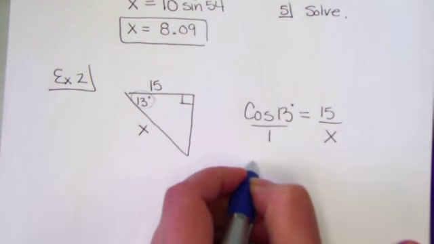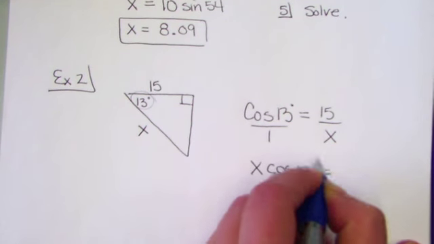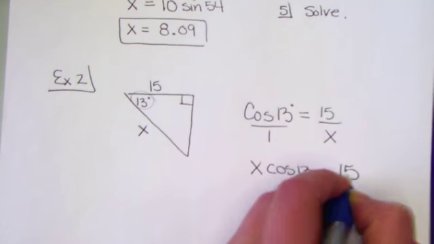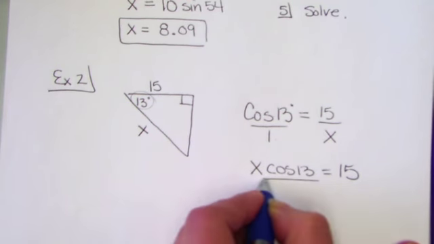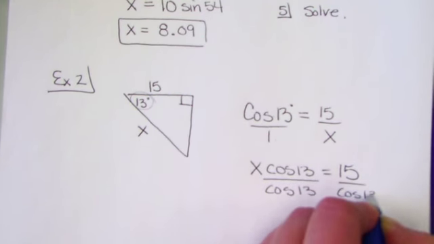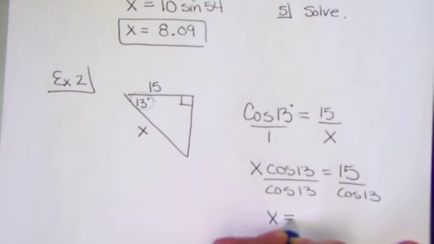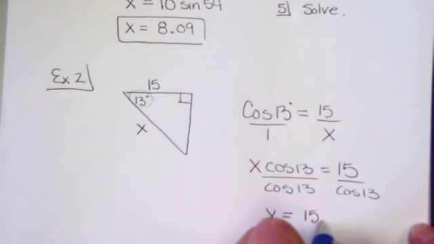Cross multiply. X times the cosine of 13 is equal to 15 times 1. To solve for x, I'm going to divide both sides by the cosine of 13. Grab my calculator, and I get 15.39.